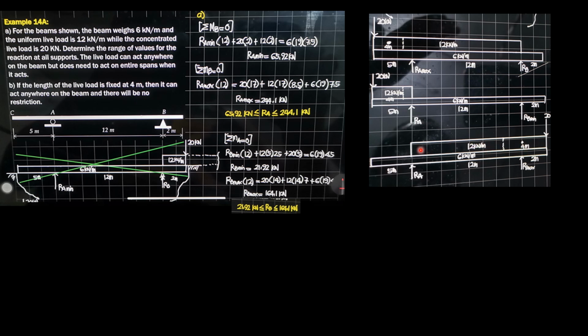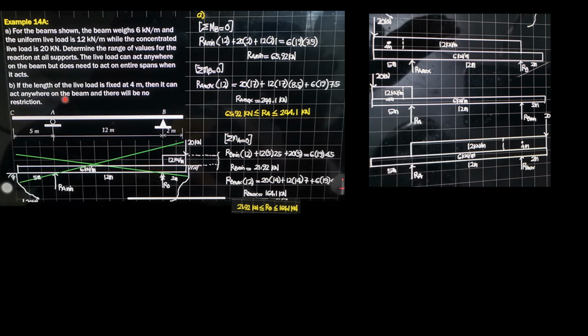Half of 14 is 7. Then plus 6 kilonewton per meter times 19 times 4.5. 9.5 minus 5 is 4.5. There is 4.5 here that is covered by this pen here. So RB max is 164.1 kilonewtons. We now establish the force envelopes for RB, and it is 21.92 kilonewtons less than or equal to RB less than or equal to 164.1 kilonewtons.